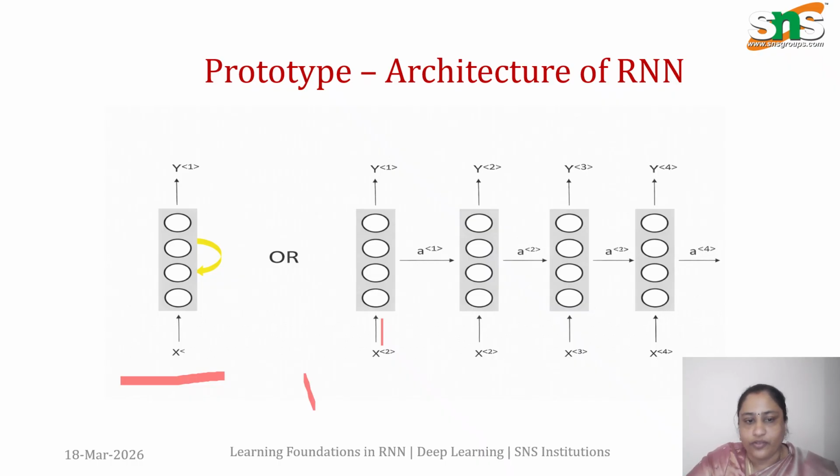For the same sequence, this will be looped back; that is, the sequence of data will be fed in different time steps. For example, the movie is good. At the first time step, the input fed into the RNN is "the".